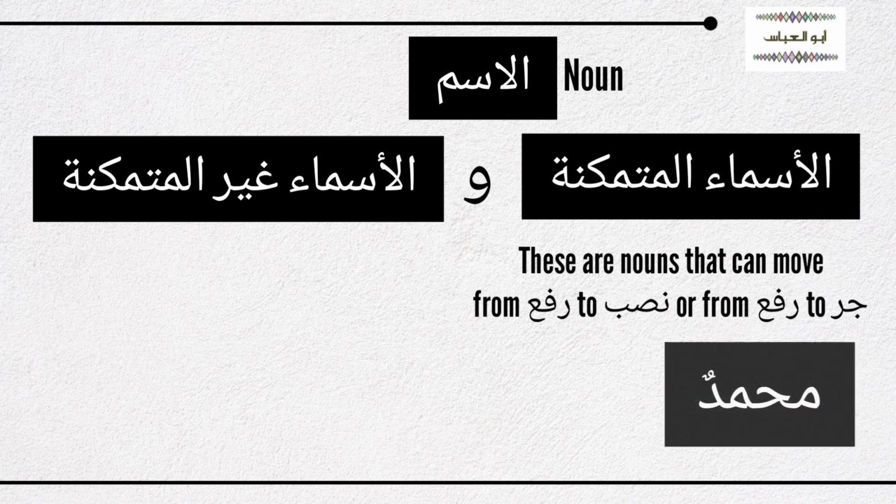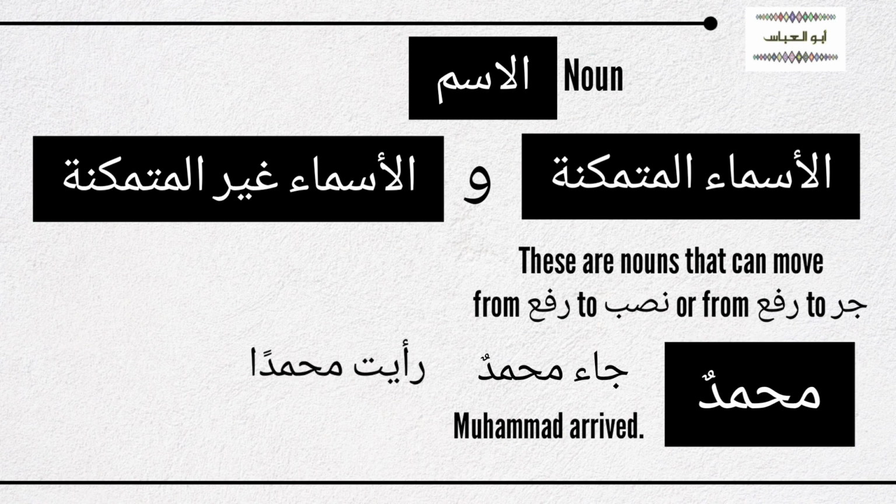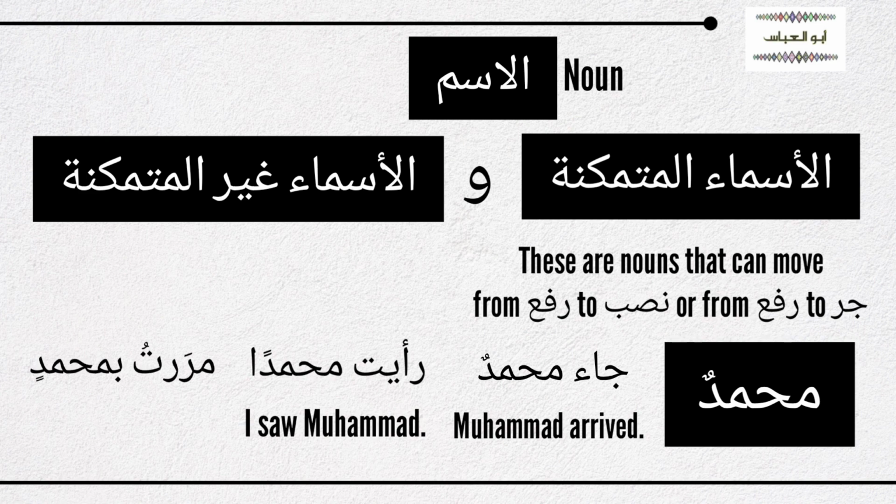For example, Muhammad, Muhammadun. I can say Ja'a Muhammadun, Muhammad arrived. I can also say Ra'aytu Muhammadan, I saw Muhammad. And I can also say Marartu bi Muhammadin, I passed by Muhammad.